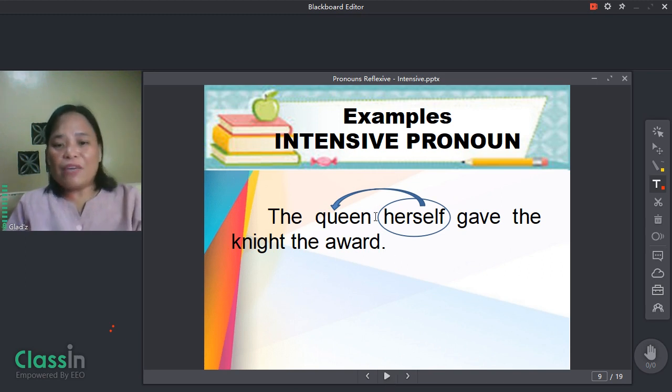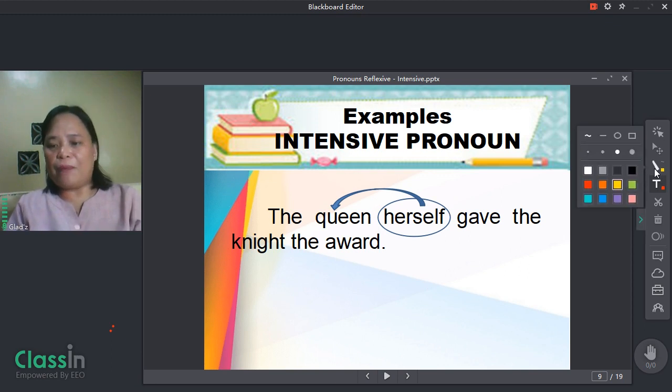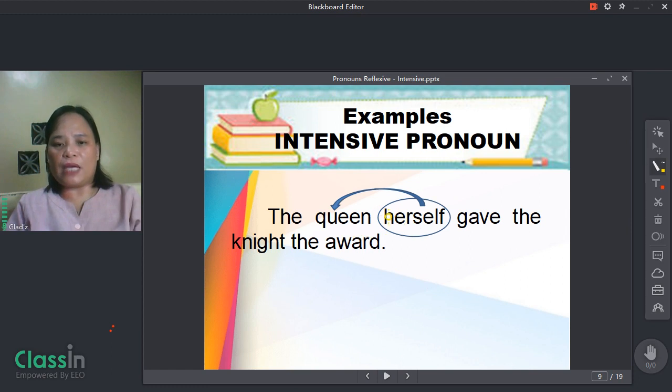So even if you remove herself, for example, let us read: the queen gave the knight the award. So still the sentence is complete. We still consider it a sensible sentence.